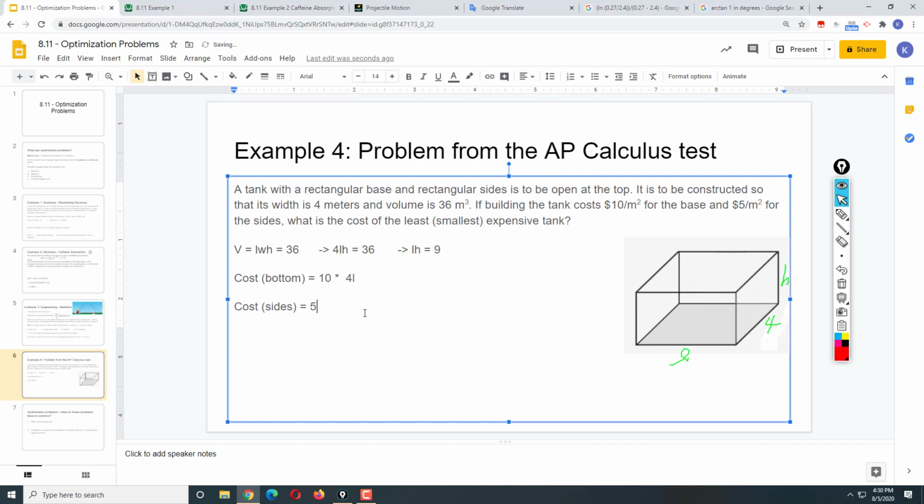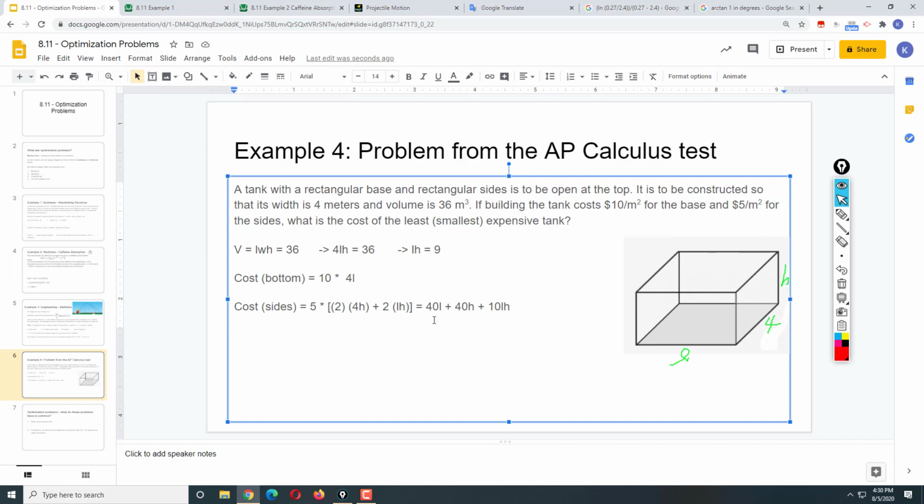It's $5 times, 2 of the sides are 4 times height each, and 2 of the sides are length times height each. So that's really 40L plus 40H plus 10LH, distributing this out.